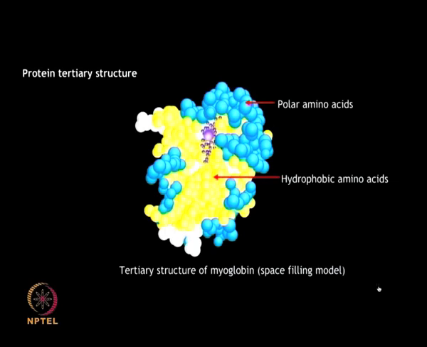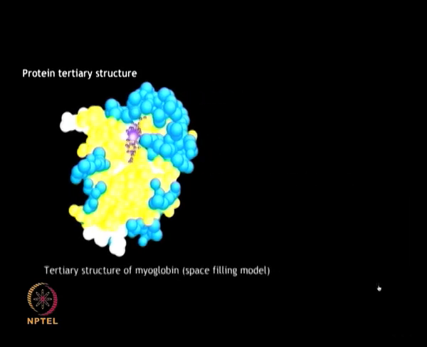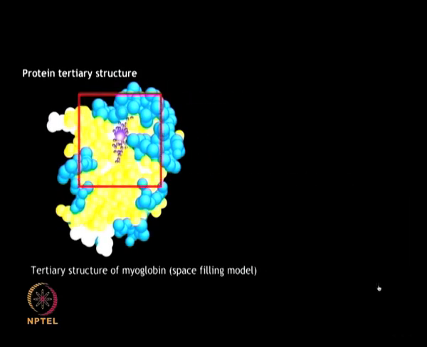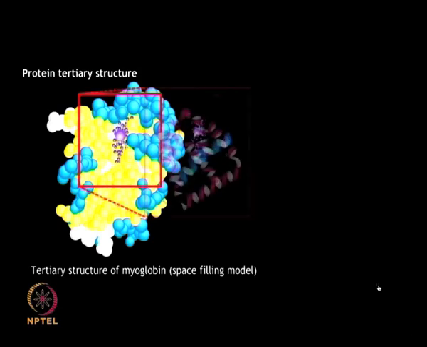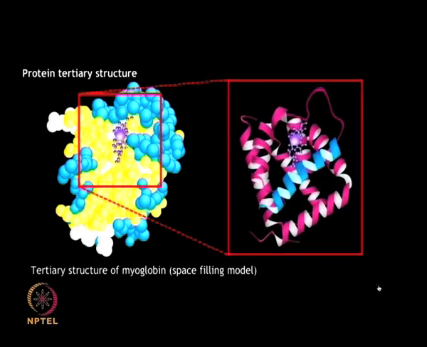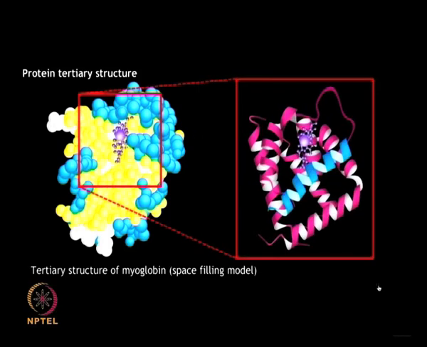The hydrophobic residues are found buried inside the structure, while the polar amino acids are present on the surface. 70% of the main chain of myoglobin is folded into alpha helices, with the rest being present in the form of turns and loops, which are essential to provide it a compact structure.